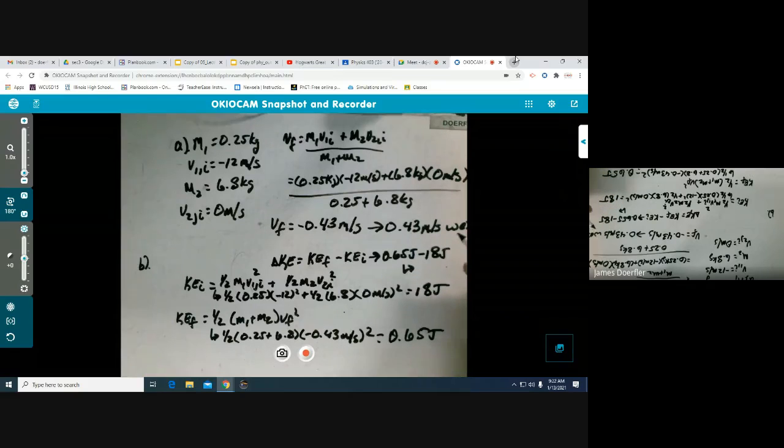I'm going to get a change in kinetic energy of negative 17.35 joules. My brain's working right. That's correct. So, since we have a negative sign, that means we had a decrease in kinetic energy by 17.35 joules. And ta-da! We're all done with that question.